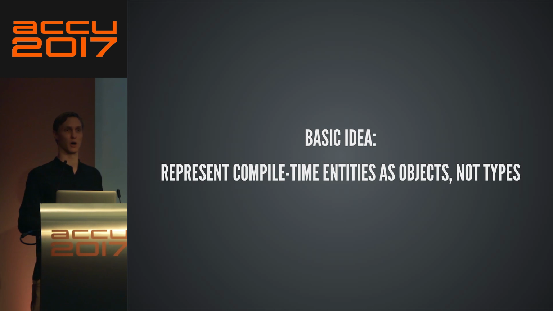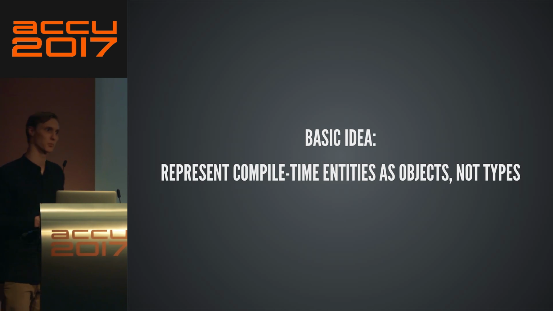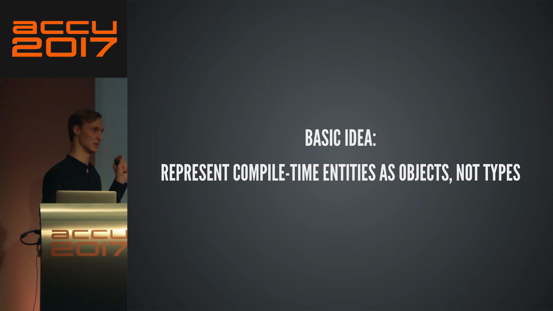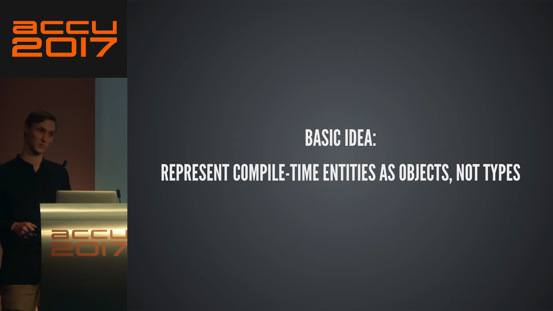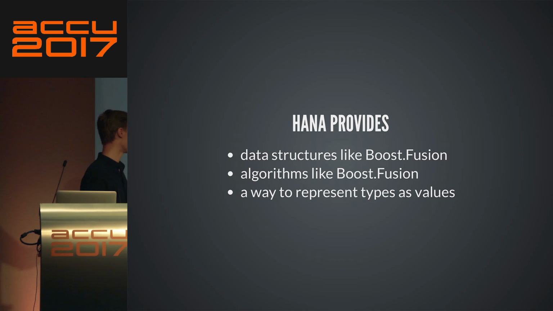A literal, like a constant 1, that doesn't change, is a compile time entity too. So instead of representing them as types, like we did in MPL and in the Fusion world, we now represent them as actual objects. And so Hana is basically a library that implements this idea of representing stuff as objects instead of as types.